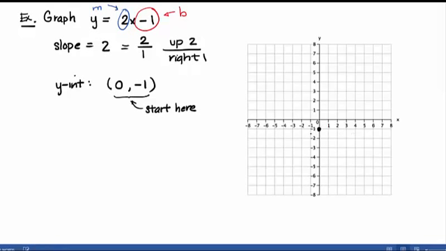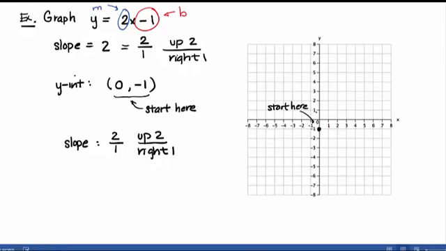Right? So I'm going to start here. And from there, my slope tells me how to move. Right? My slope is 2 over 1. So it means up 2, right 1. So from this point, I go up 2.